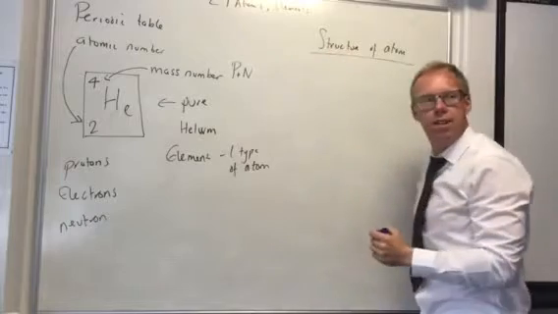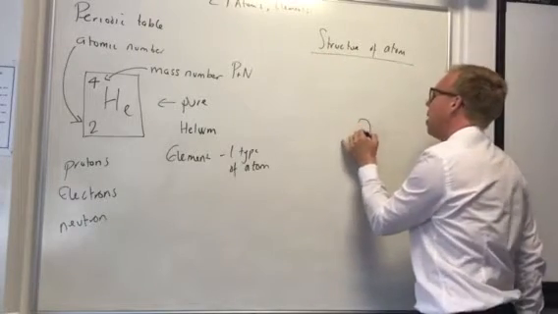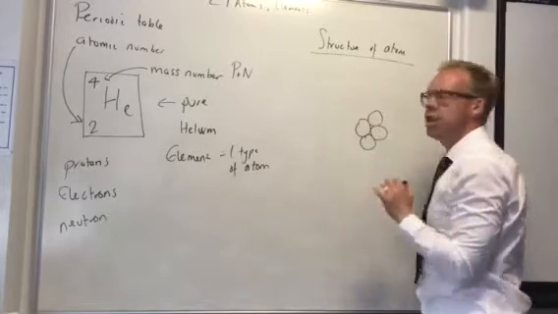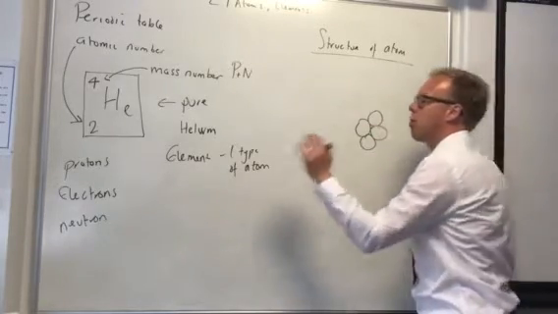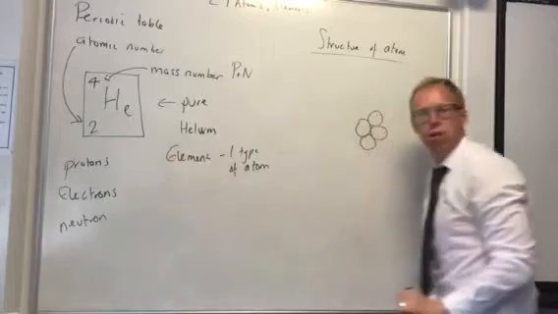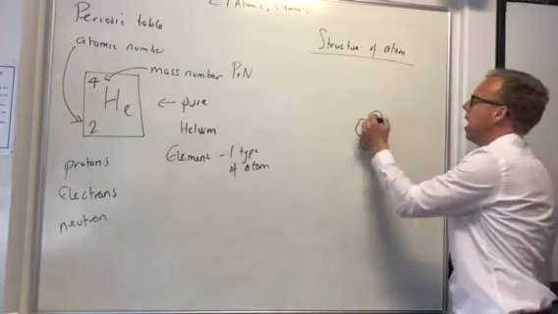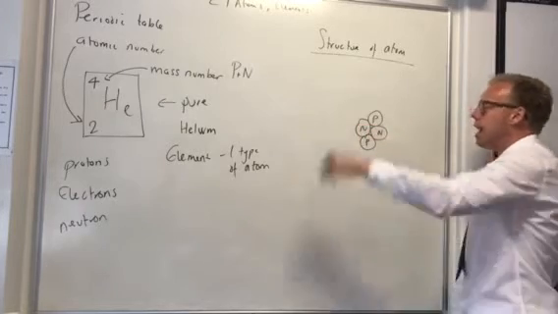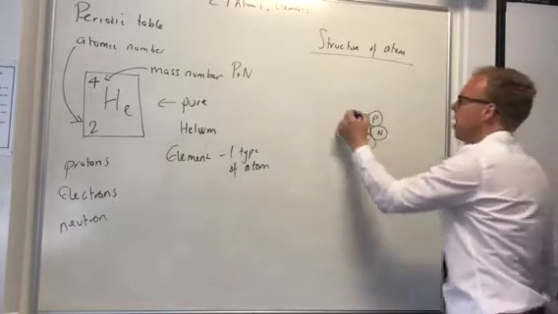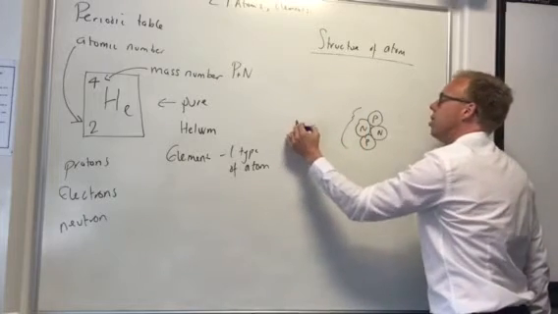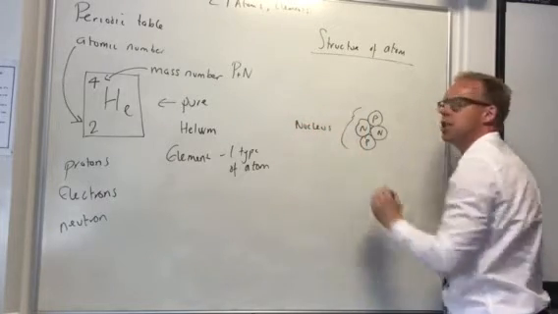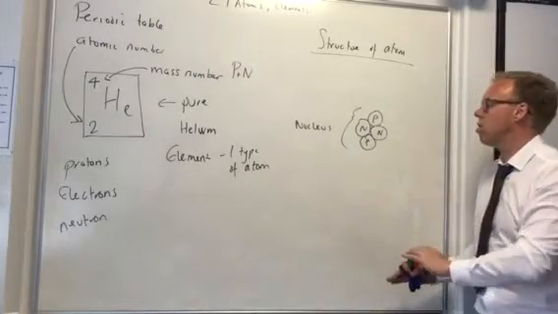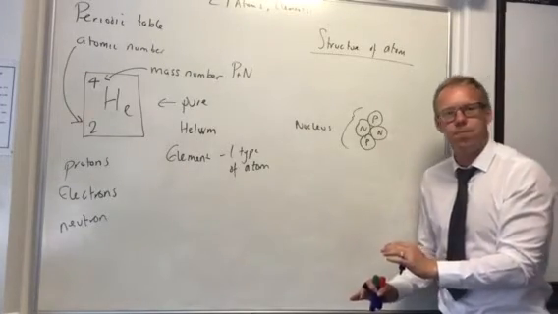And the structure of the atom has a central part which contains the protons and the neutrons. And I'm going to put a P and a P and an N and an N. Now this overall structure is what we call the nucleus, the centre of the atom, the core of it. And that's where the protons and the neutrons are.